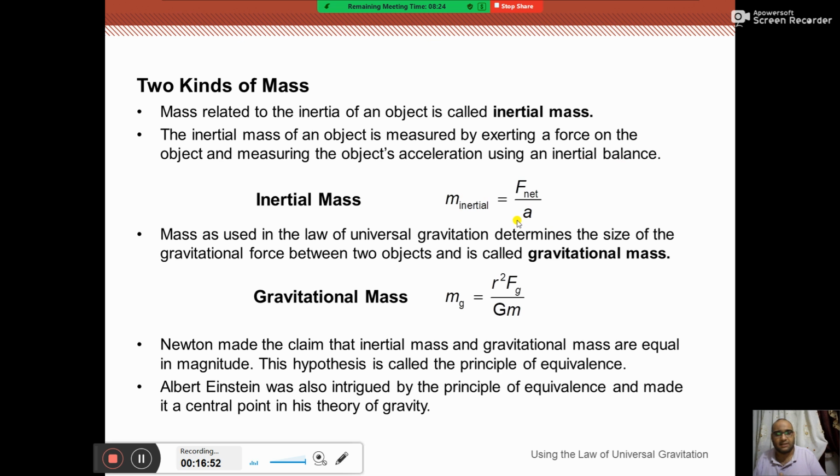The object moves under acceleration, its speed changes from one position to another, and there's a net force acting on it. We can also use another rule to find the mass, and this mass is called gravitational mass. This rule is calculated from the universal gravitational law.